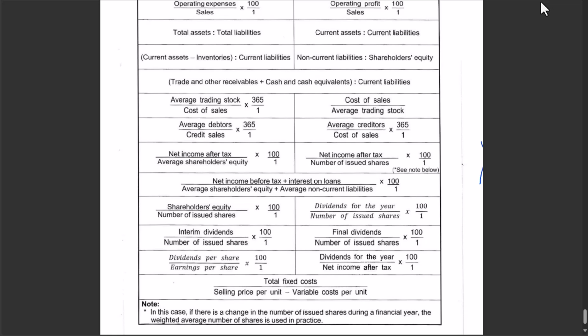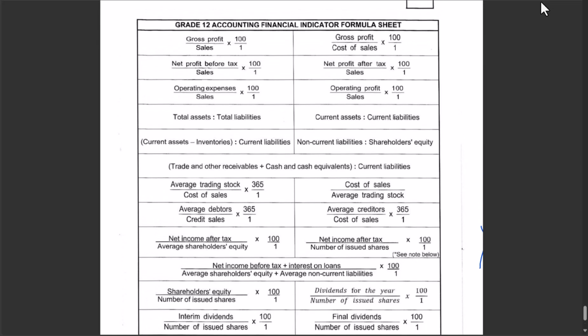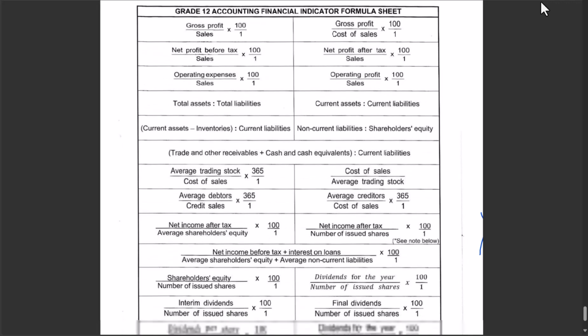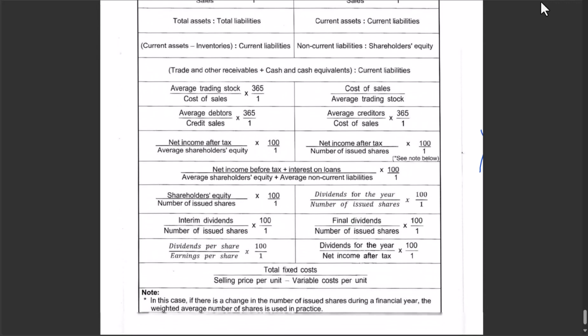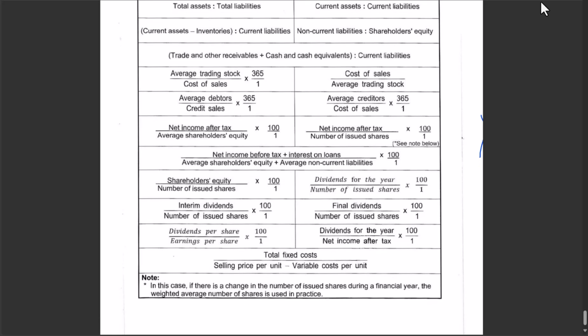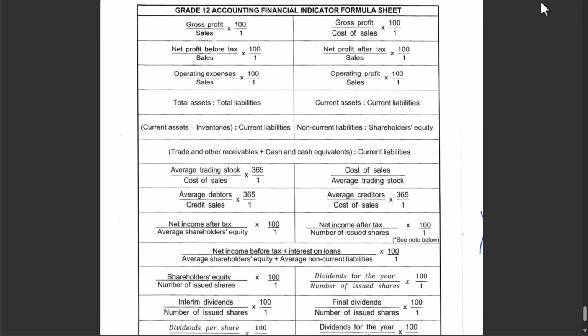They don't tell you which one is which, but you should know. You have all the formulas here. You're given a formula sheet, so you just need to pick up the right formula for the right thing that you want to calculate, so make use of it. Remember they are not writing which formula is for which one, so you need to know. It helps to have a good understanding and knowledge of it.